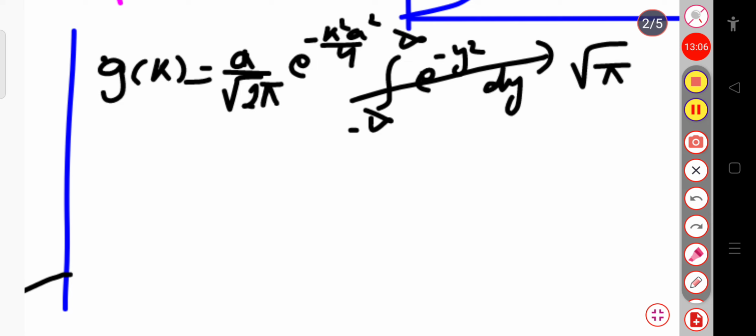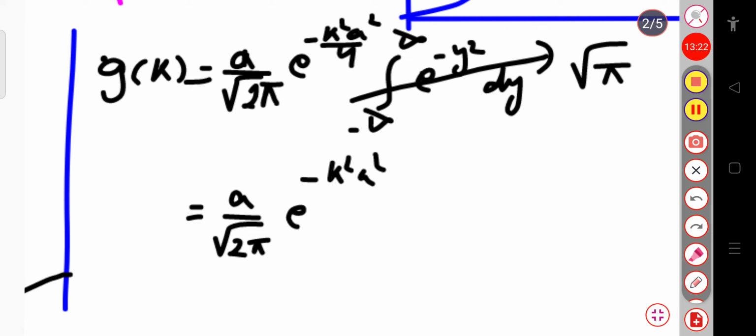Now we have solved this equation. So this is equal to a into exponential minus k square a square divided by 4 into this integration value, root over pi. So here this root over pi with this root over pi, they will get cancelled.